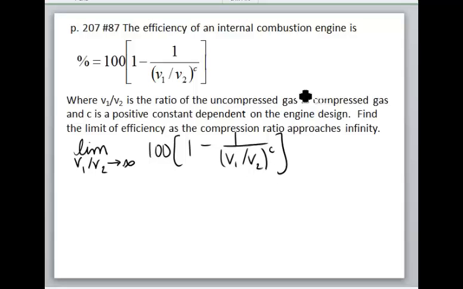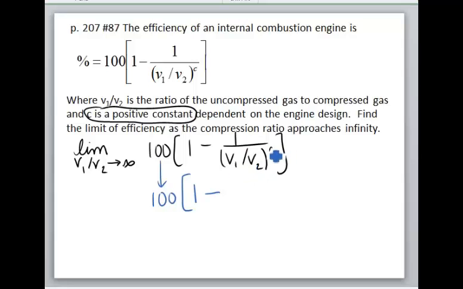Remember that they said that c is a positive constant. So it's like having a cubed or a squared or whatever that may be. So I can actually just start taking this limit, and we know that we'll just carry down the 100, and we know that the limit as it approaches infinity of 1 is 1, minus, what we end up with here, this number is getting really, really large. So it's 1 over 1,000.